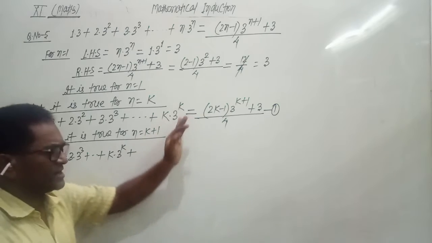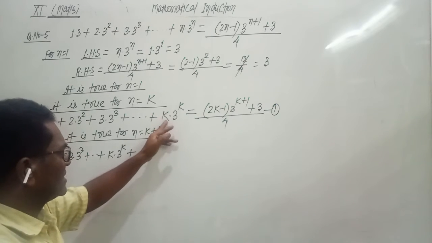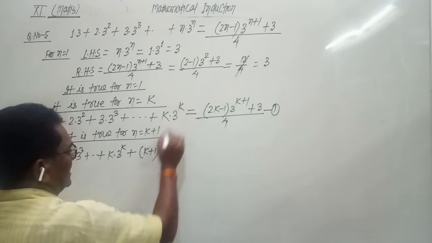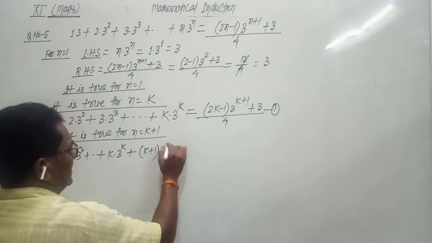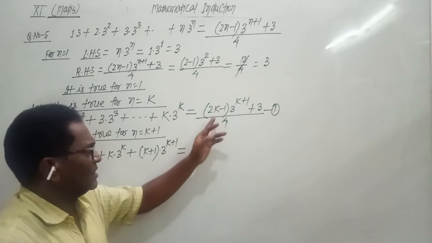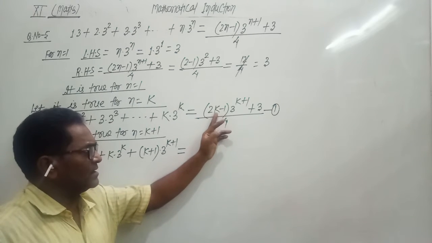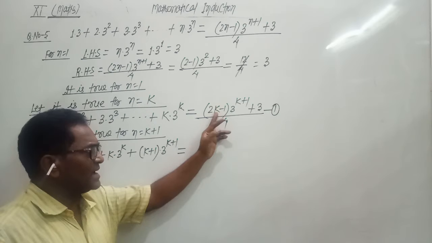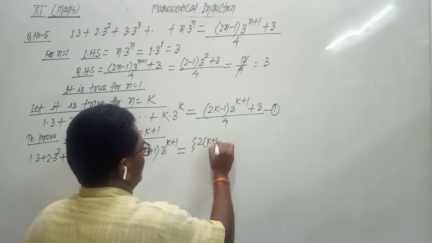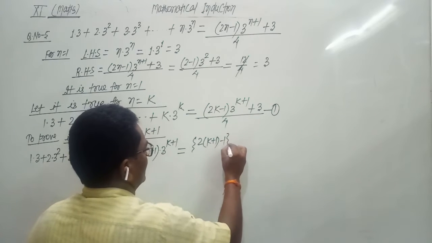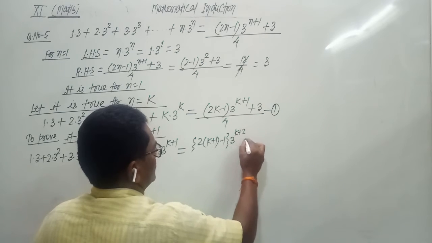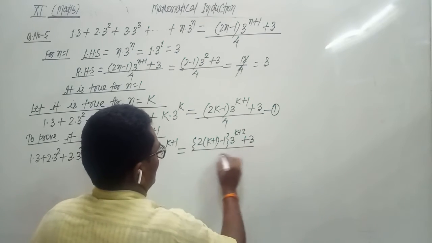Then we will write the next term, the k plus 1th term. So in place of k, we put k plus 1 into 3 raised to the power k plus 1. And on the right side, we replace k by k plus 1. So 2 into (k plus 1) minus 1, into 3 raised to the power k plus 1 plus 1, which means k plus 2, plus 3 upon 4.